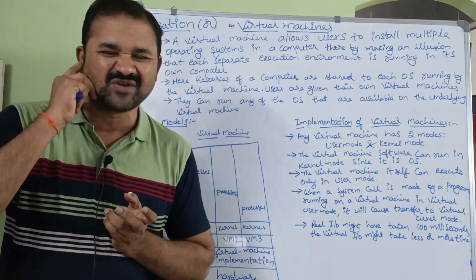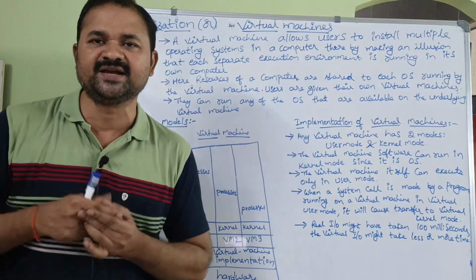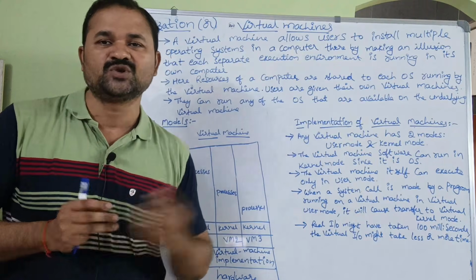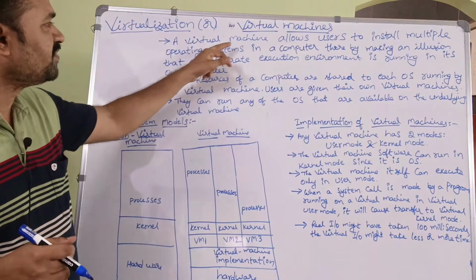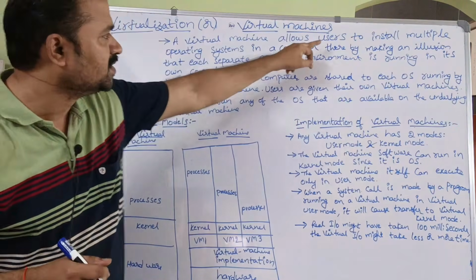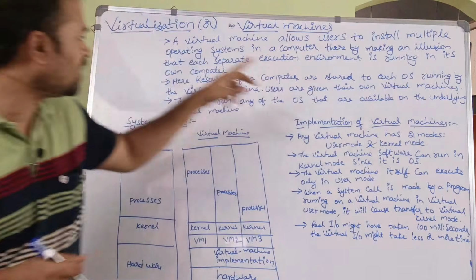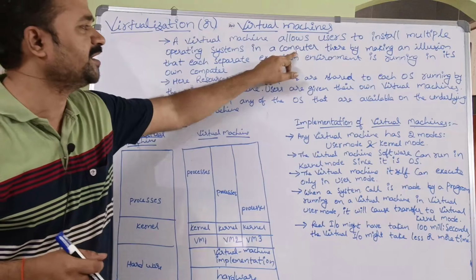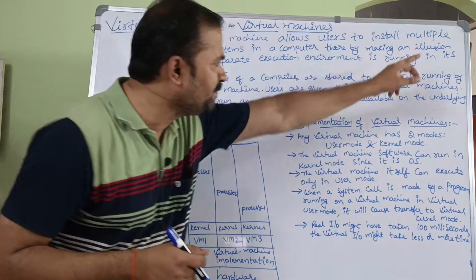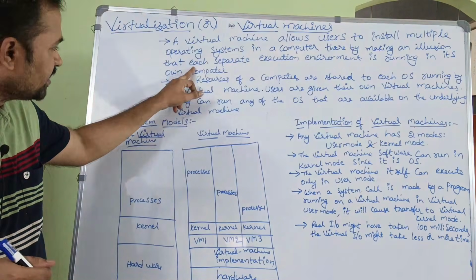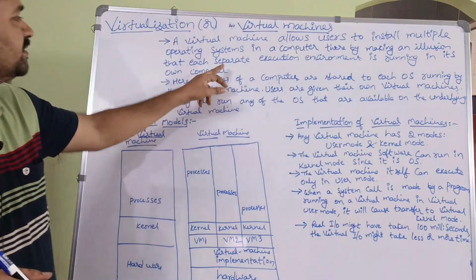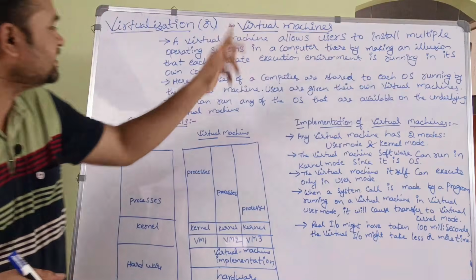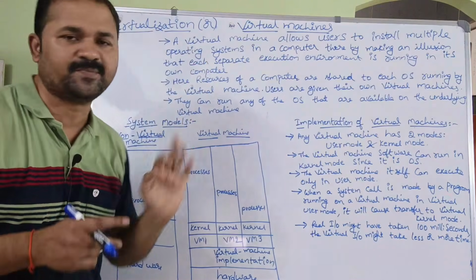So virtual means it is not real, it is illusion, it is imaginary. So let's see that point. A virtual machine allows users to install multiple operating systems in a computer, thereby creating an illusion that each separate execution environment is running its own computer.